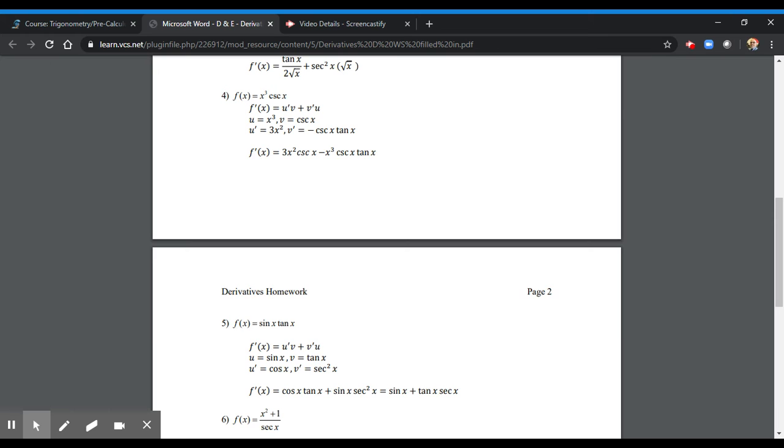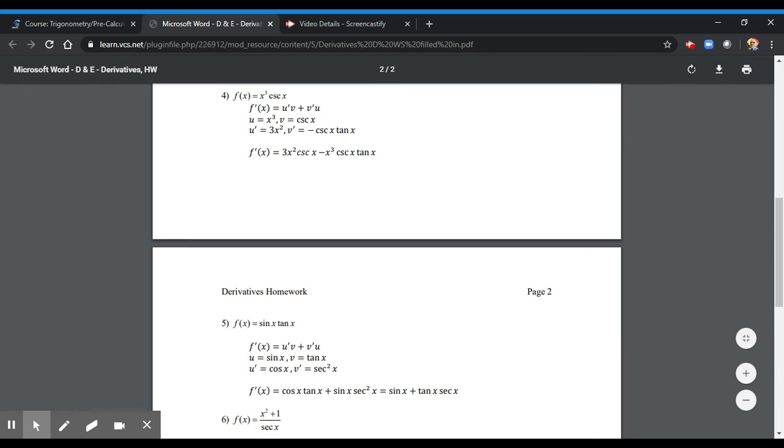My derivative of v, which is tangent of x, derivative of v prime is equal to secant squared. So multiplying those together, I get u prime times v, so cosine x times tangent of x, plus u, which is sine of x, times v prime, which is secant squared of x.